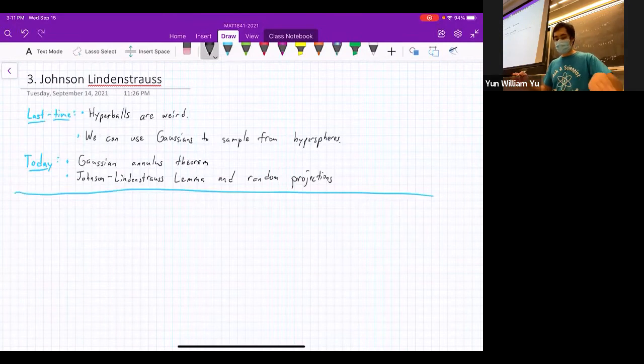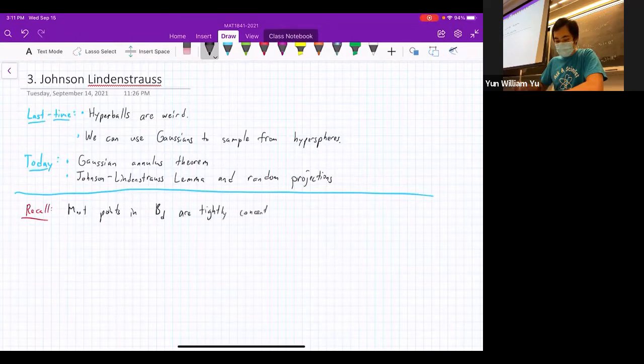First, recall most points in B sub d, a ball of dimension d, are concentrated near the surface.